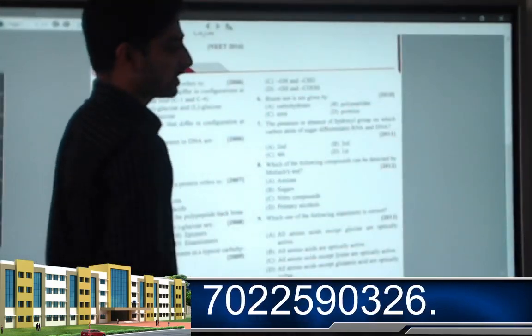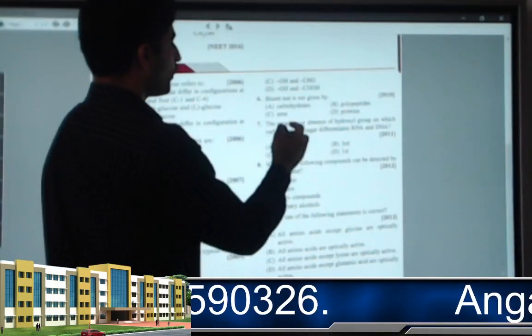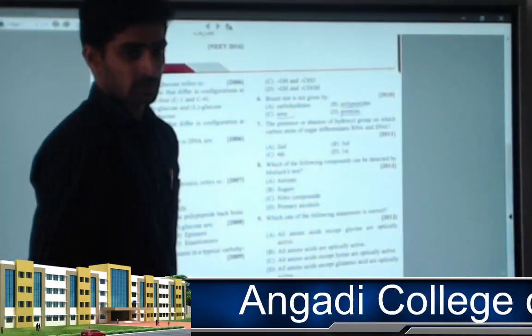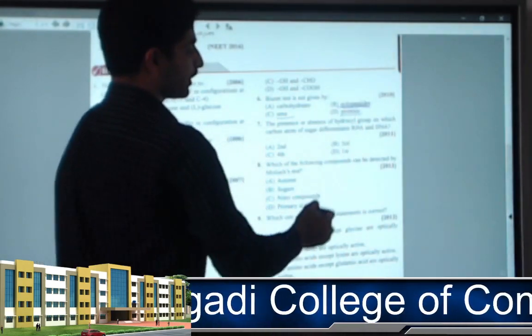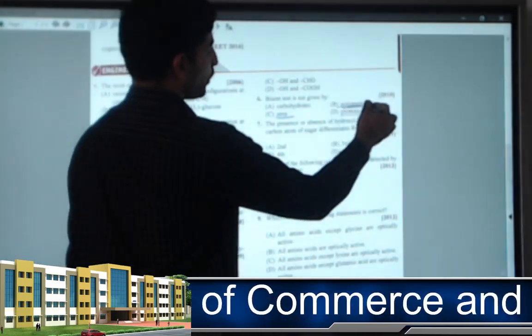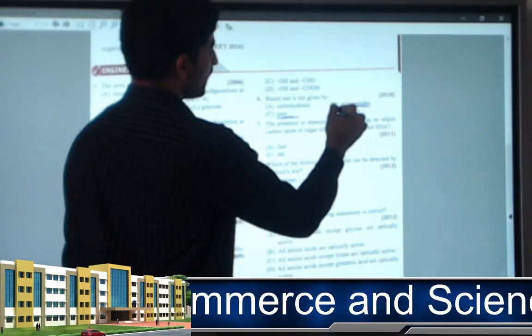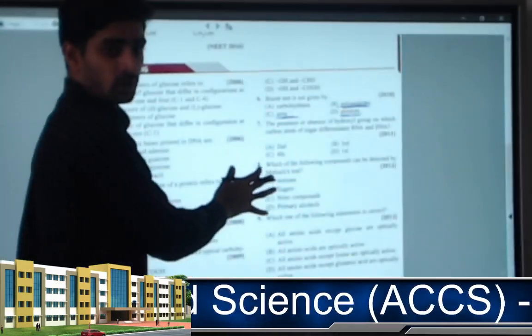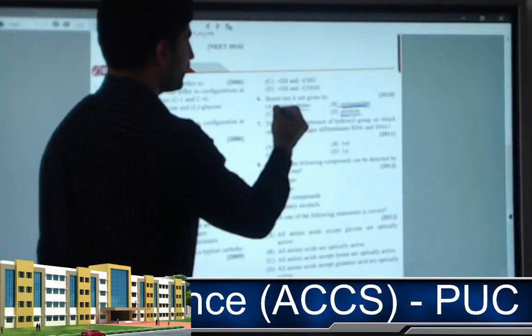Biuret test is not given for which one? It is for amino acids and proteins, or whichever have a polypeptide bond. So urea, NH2, polypeptide bond, proteins. These are present in case of amino acids and proteins, but that is not present in case of what? Carbohydrates.